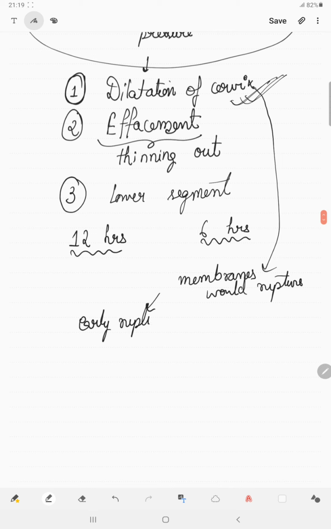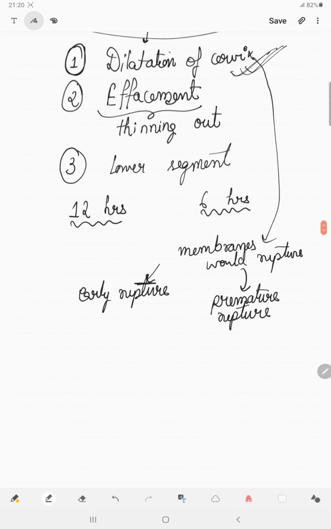Early rupture if it occurs before the dilatation of the cervix, but after the onset of labor. The labor has started, but the cervix is not fully dilated and my membranes rupture, then I would call it an early rupture. But if they rupture even before the onset of labor, then I would call it a premature rupture. Okay, so these are two terminologies that you need to be careful about.